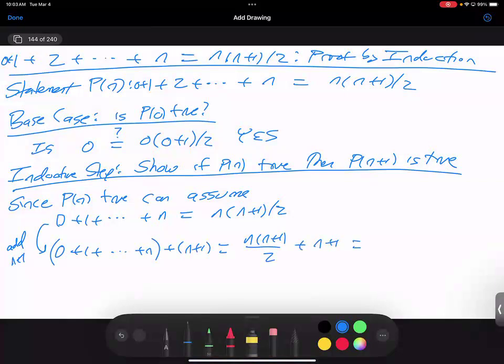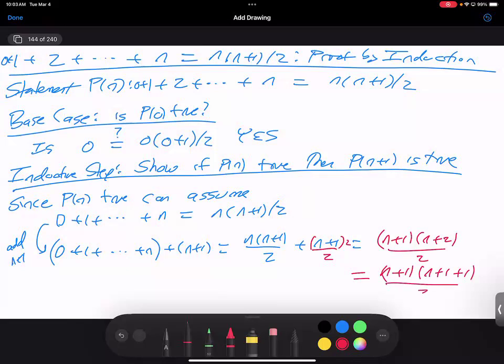Well, how would we add the stuff on the right-hand side? Common fraction, right? So I multiply by 2 over 2, and this will give me n plus 1 times n plus 2 over 2, which I can write as n plus 1 times n plus 1 plus 1 over 2.